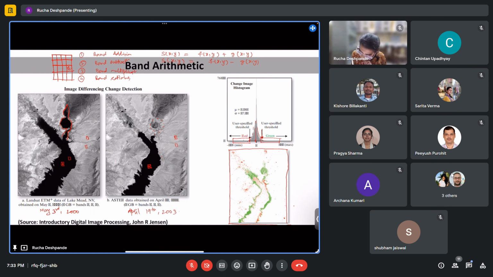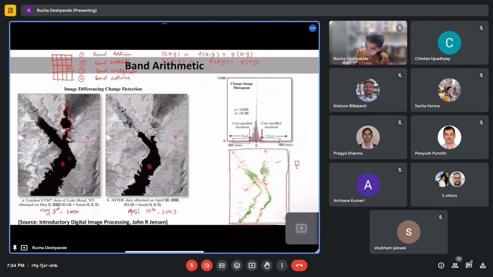Here we see that this green portion shows the land where water pixels were present first, but now the water has receded, and this is shown as barren land. Before, when there were water pixels, the value of pixels would be less, so it would be a darker pixel.